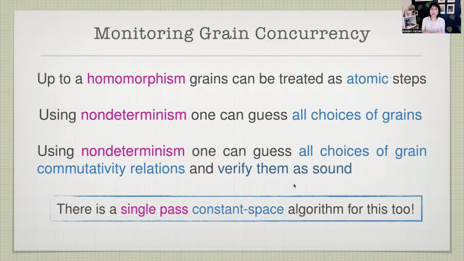And I'm back to convincing you, hopefully without getting into too many tedious details, that now I can guess and verify sound commutativity relations on grains that are contextual and give me the extra power of commutativity that I would wish to have in this particular context.